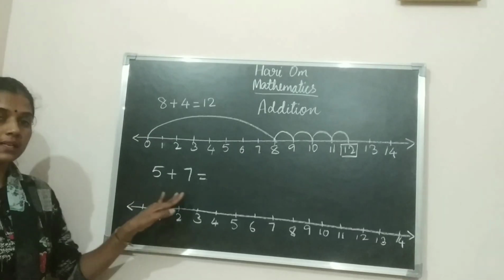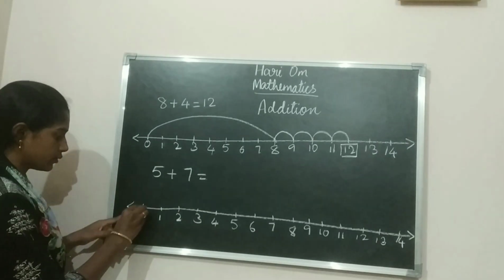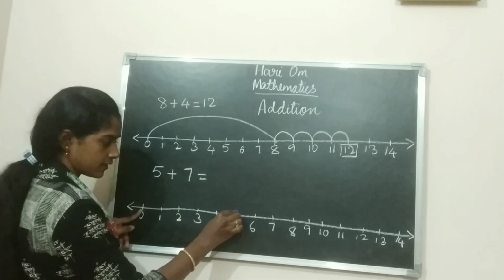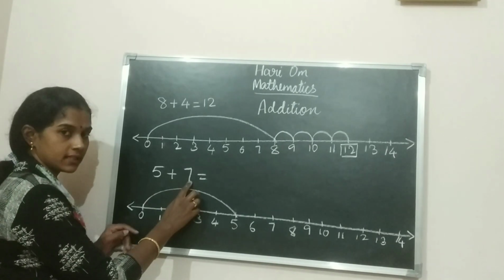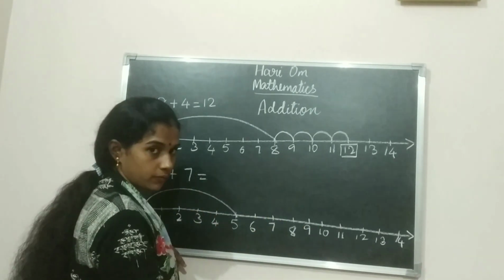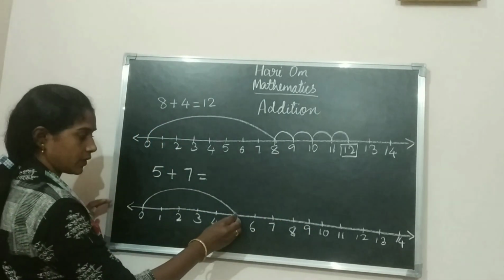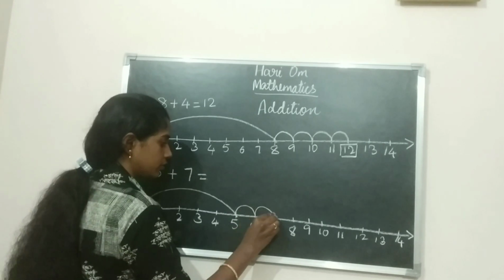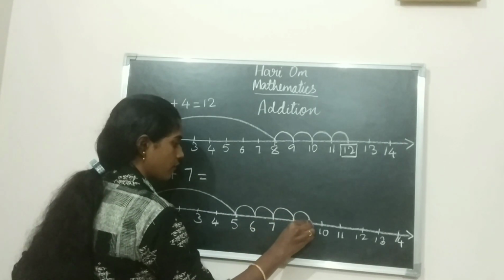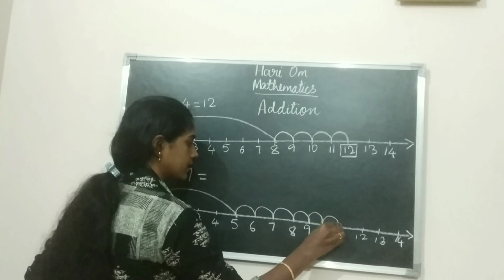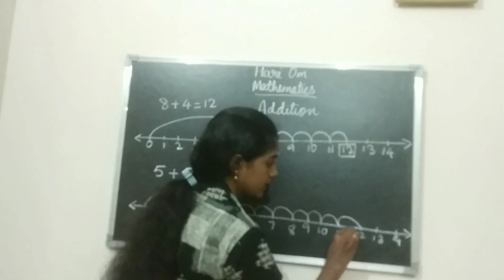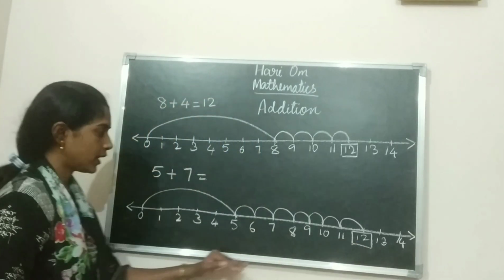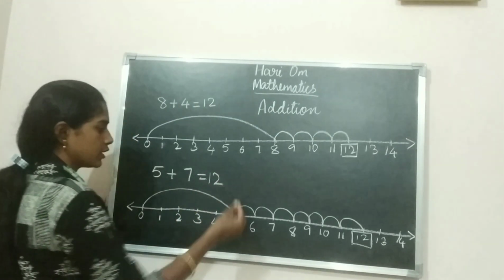So 5 plus 7. So 0 to, where is 5? Here. So 0 to 5 plus 7. How many times we are going to jump forward? 7 times. So from here 1, 2, 3, 4, 5, 6, 7. So what is the answer here again? It is 12. The answer is 12.